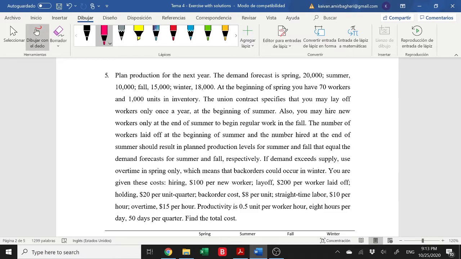So here it says in spring only, we are allowed to use the overtime workers, not regular workers, for this rest. As you remember, I told you as an example, we can produce with regular workers 14,000 units of products, but for the 6,000 more, we need to apply overtime workers. So back orders could occur in winter.